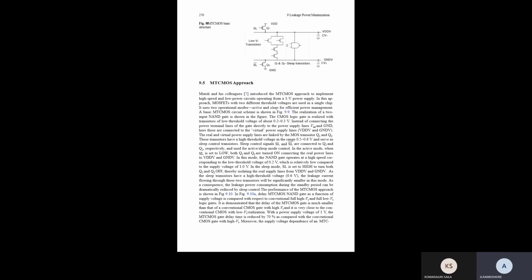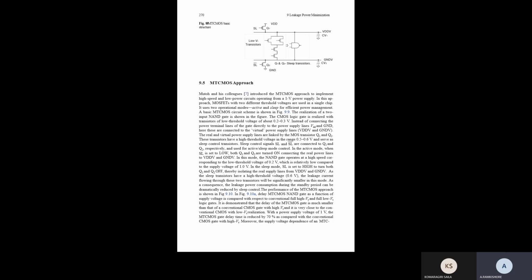It is demonstrated that the delay of the MTCMOS gate is much smaller than that of the conventional CMOS gate with high threshold voltage, and it is very close to the conventional CMOS with the low threshold voltage realization. With a power supply voltage of 1 volt, the MTCMOS gate delay time is reduced by 70% compared with the conventional CMOS gate with high VT.